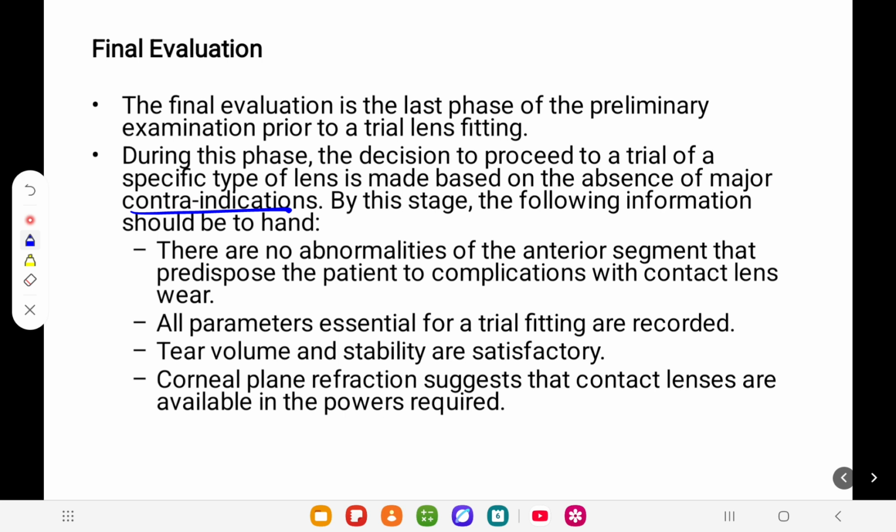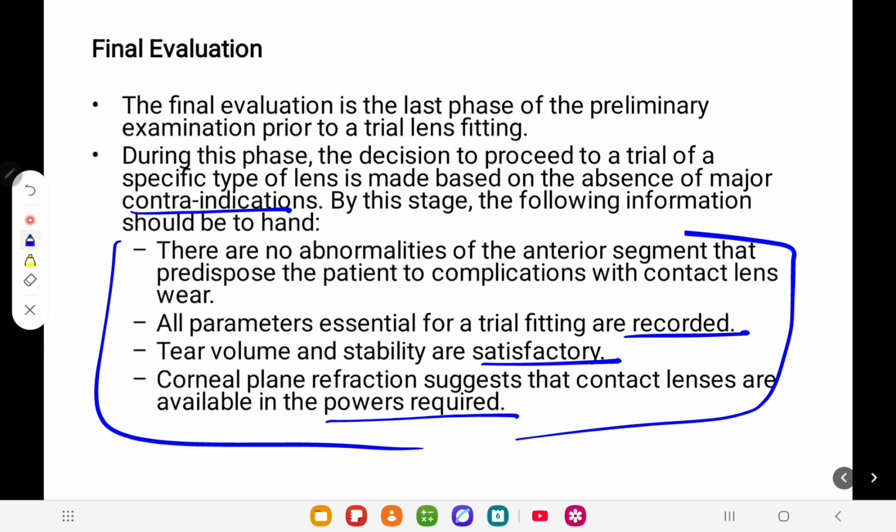If there is no major contraindication, then we move on. This includes the following information: there is no abnormality of the anterior segment that predisposes the patient to complications with contact lenses, all parameters essential for the trial are recorded, and tear volume and stability are satisfactory. Corneal plane refraction, and the corneal lenses are available, so the power required is known. With all these things, we move into the trial phase.